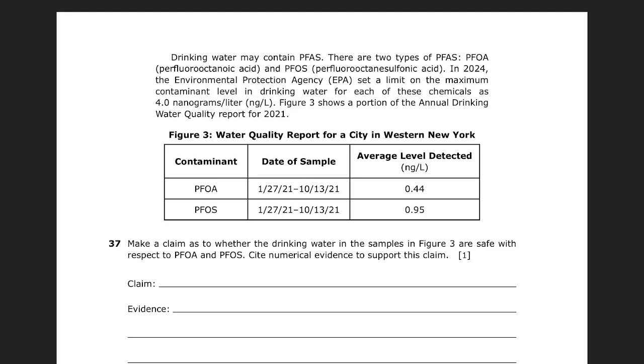It then wants you to make a claim as to whether the drinking water samples in Figure 3 are safe with respect to PFOA and PFOS. If the safe limit is going to be 4.0 nanograms per liter for both of them, and they're both at these levels, which are clearly below 4.0, our claim must be that the drinking water is safe.